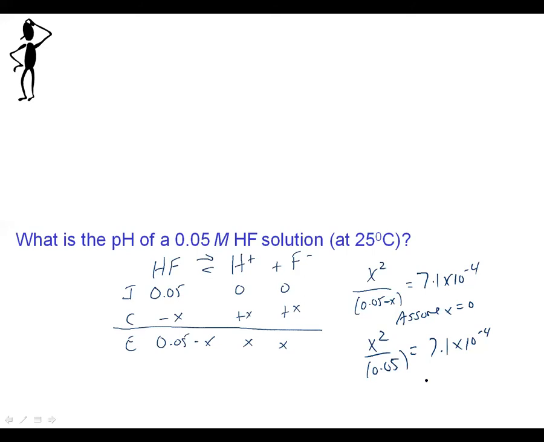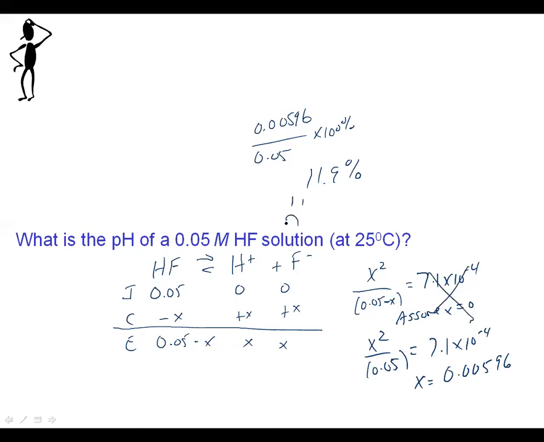This would give us an x value of 0.00596. If we check this, 0.00596 divided by 0.05 times 100, we would get something like 11.9%, which means this assumption would be bad in this case. So you want to make sure that you do check it, because the assumption will not always work.